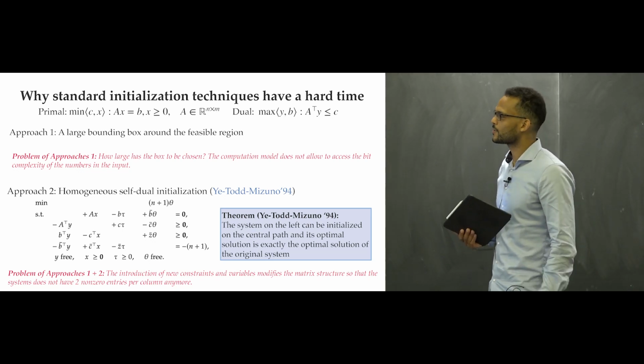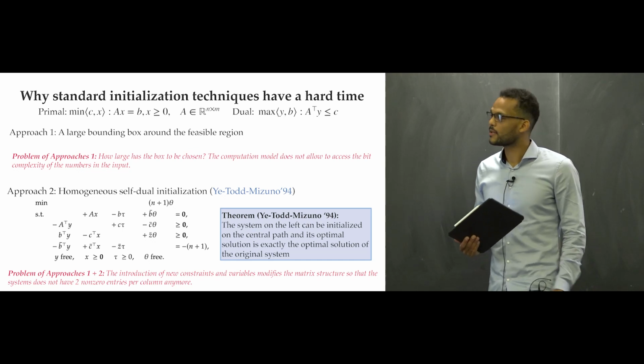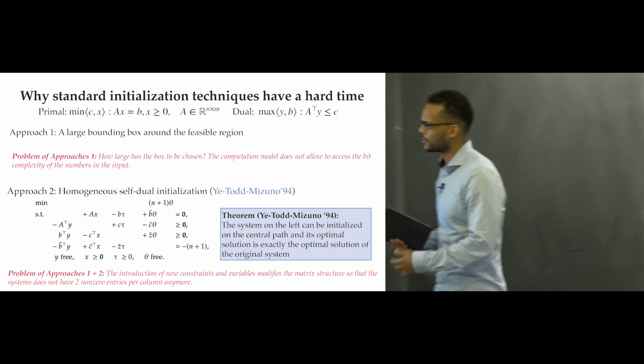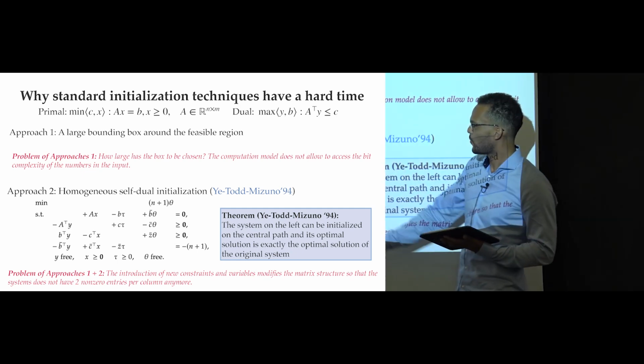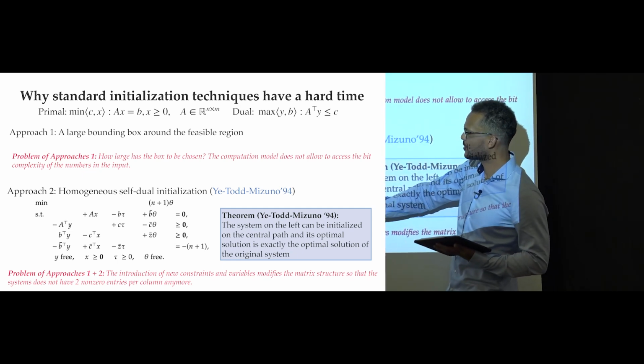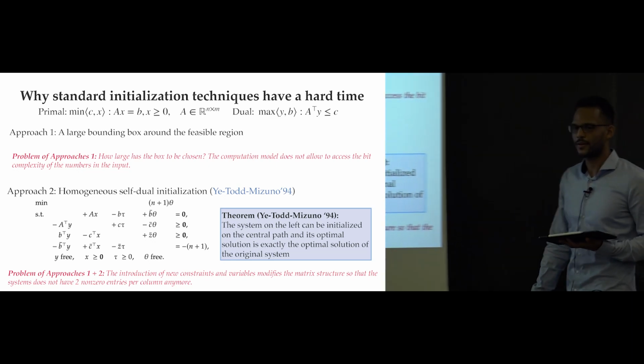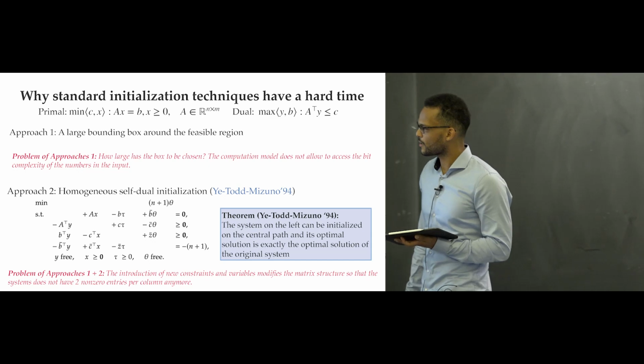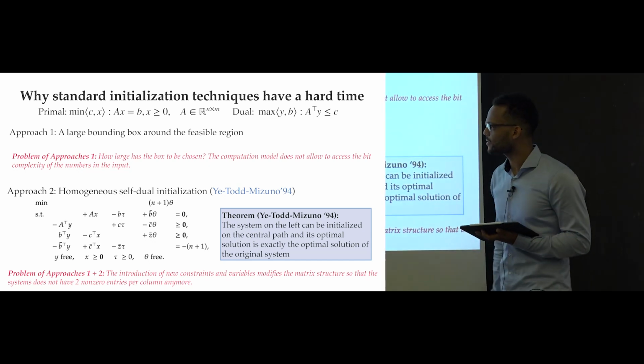We tried, but we couldn't figure it out. There's no negative answer to that. That's an open question, actually a very interesting one: when you do self-dual homogeneous embedding, does straight line complexity change by more than a polynomial factor? Okay, so these two approaches fell flat.